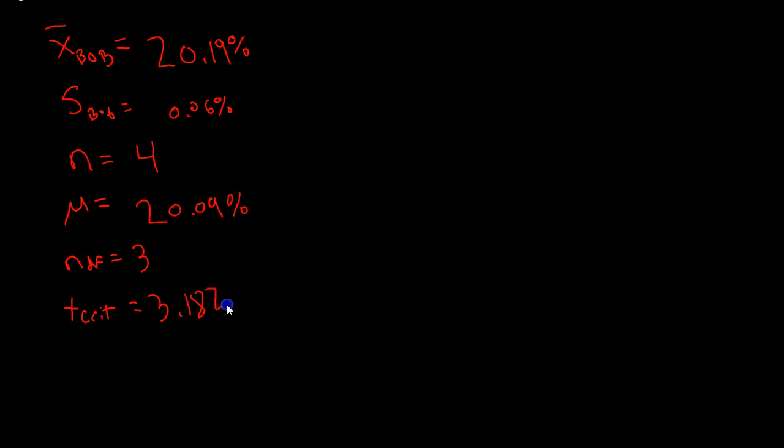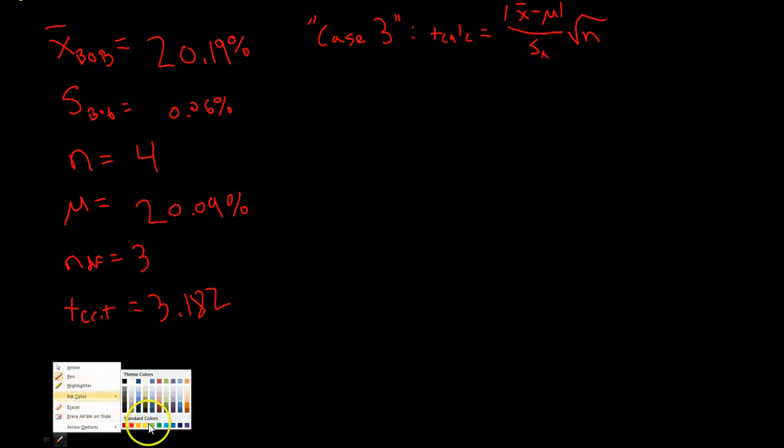Again, we're using the case equation, where t calc equals the absolute value of the difference between the average value and mu, over the standard deviation of x times the square root of the total number of samples. At this point we just plug our values in.